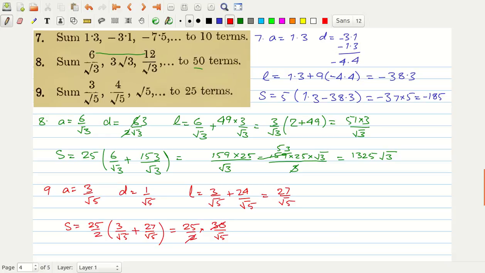So 2 times 15, or 15 we can write as 5 times 3. So this is 75. 25 times 3 is 75 times root 5. So these are the first 9 problems of chapter 4.